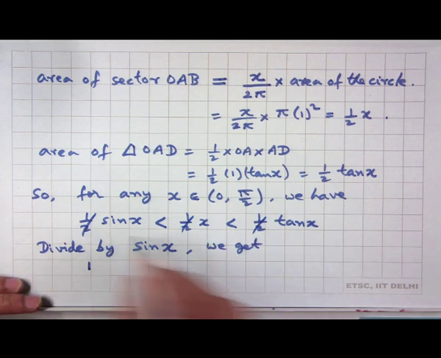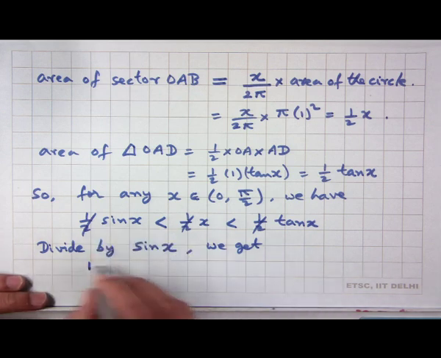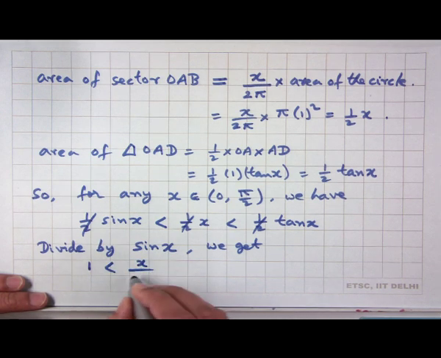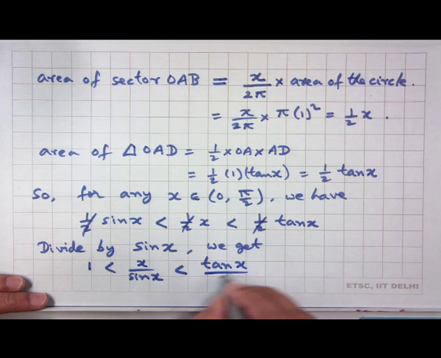So, we get sin x is less than x is less than tan x, and then dividing by sin x, I get 1 is less than x by sin x, which is less than tan x divided by sin x.